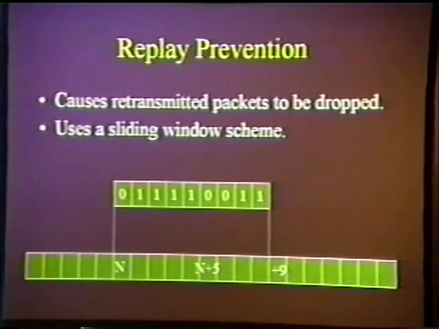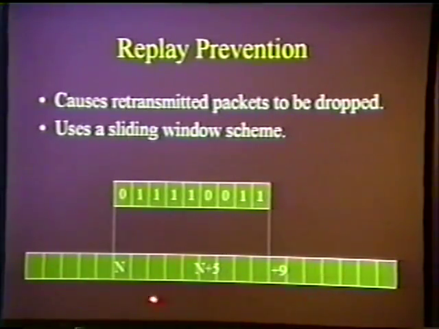And this is a demonstration of the replay prevention window. How many people are familiar with how TCP/IP does its windowing? It's basically the same kind of thing. If you notice here, I've drawn a 9-bit window, but it's actually a 32-bit window. So as this packet comes in right here, all these packets, if somebody tries to send these packets in, they'll be dropped and will not be accepted.